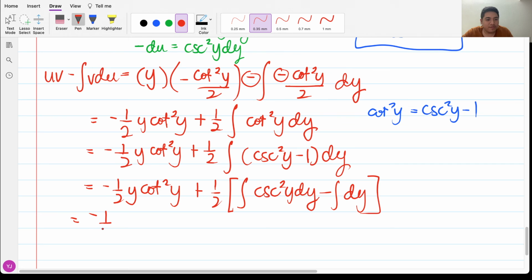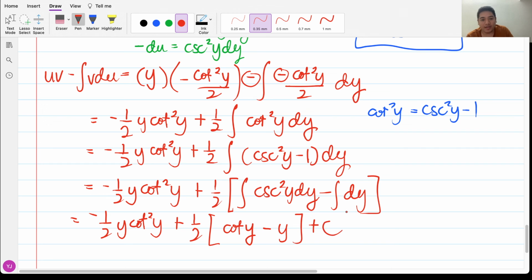So we have negative 1 half y cotangent squared of y plus 1 half times the integral of cosecant squared of y, of course, that will be negative cotangent y. And then the integral of dy, that's y.